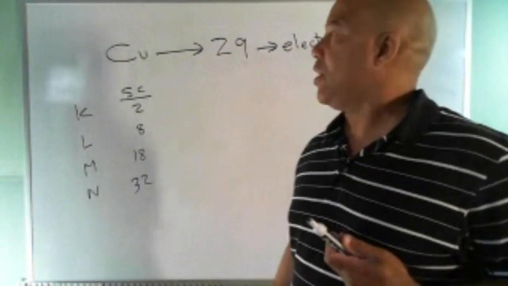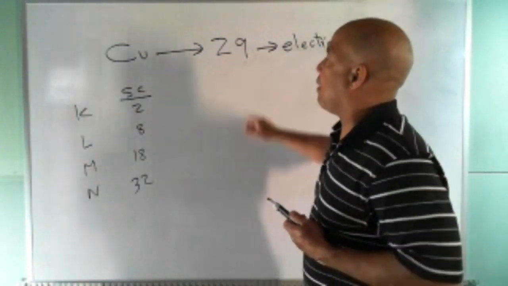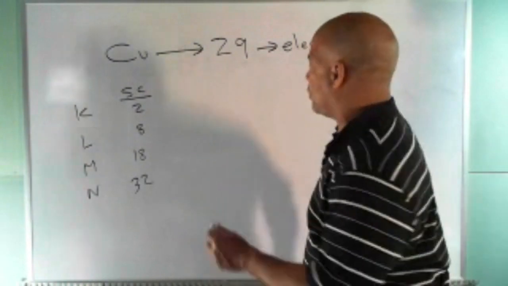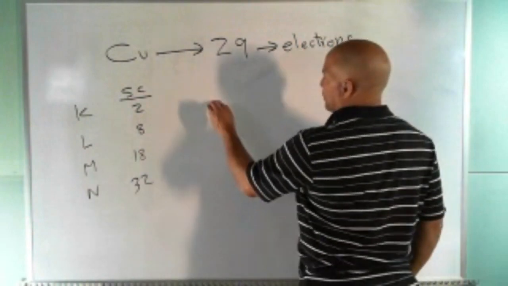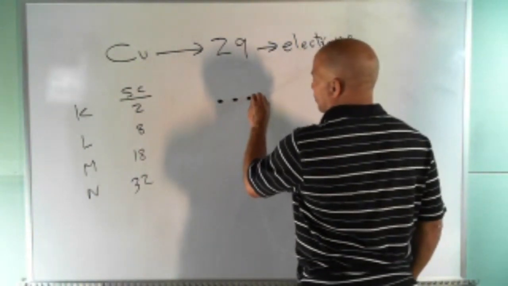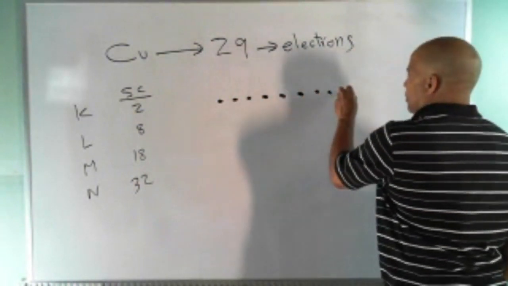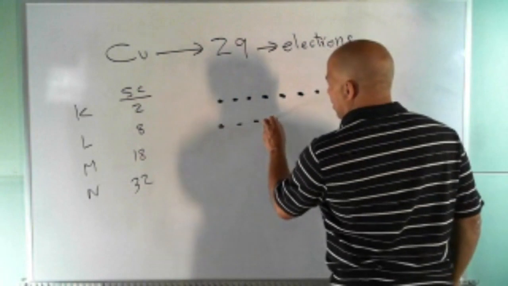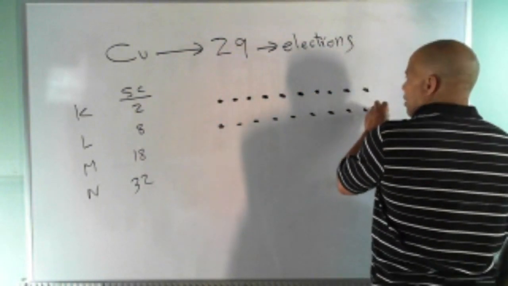What I like to do is represent each of these electrons with a dot, and I group them together in tens so it's easy to count. So I'm going to show the 29 electrons for copper like this. That's 10. That's 10.